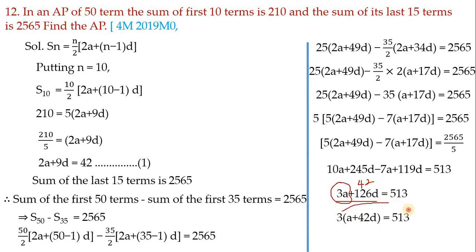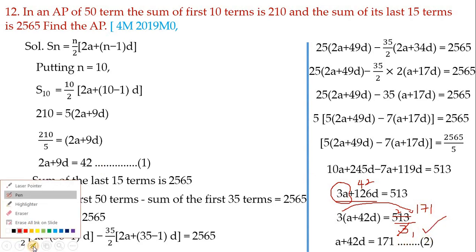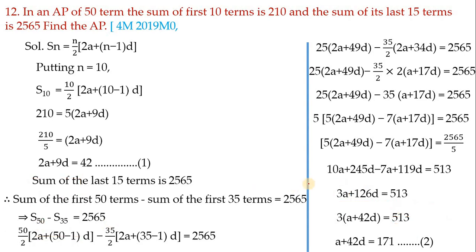Next, this 3 transferred this side becomes the denominator, and let us divide this. 3 1s are 3, 2 you take here, 2 7s are 21 and 3 1s are 3, 171 we will get. Means a plus 42d equals 171, and this you call equation number 2. And here the very important thing is you wanted to take minus, children, not a plus.